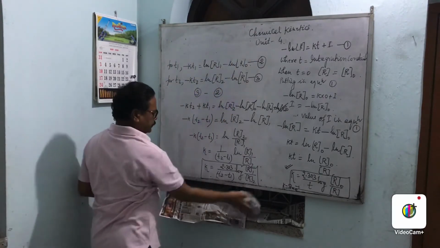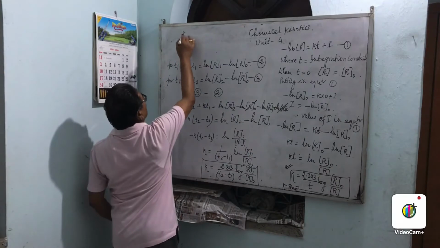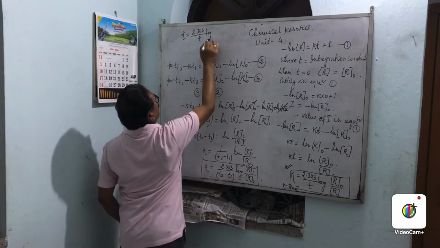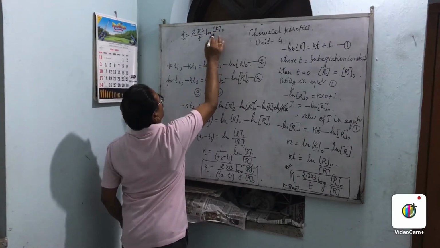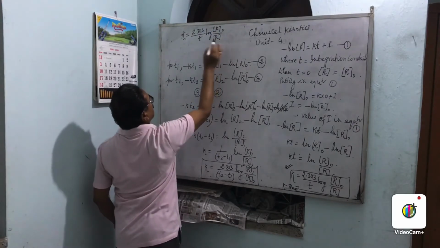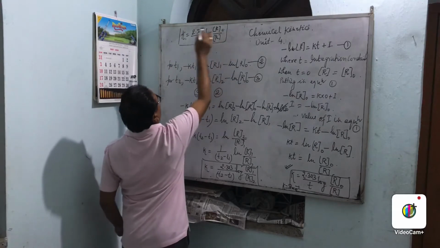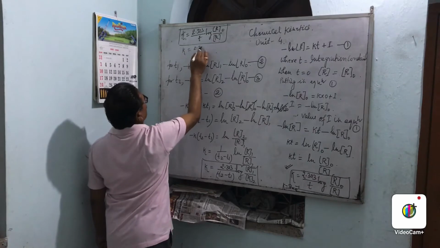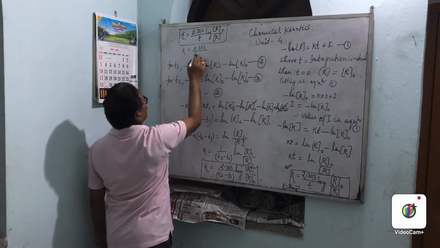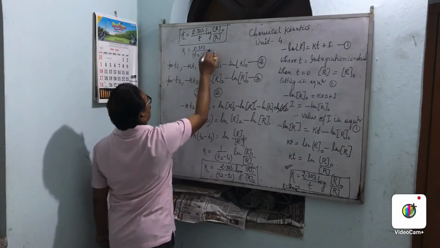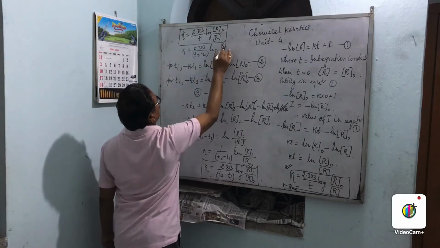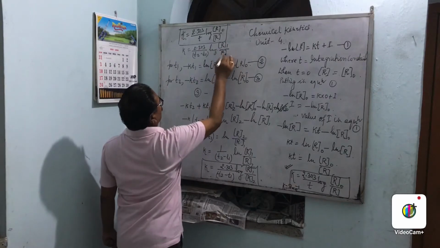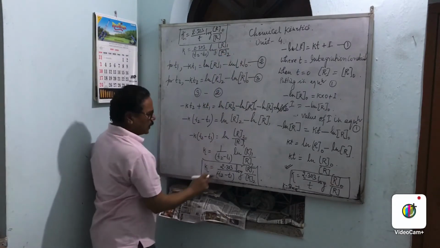So you will see, one formula is k equals 2.303 by t log R naught by R. This is another formula: k is equal to 2.303 by (t2 minus t1) log R1 by R2. What are R1 and R2 here?